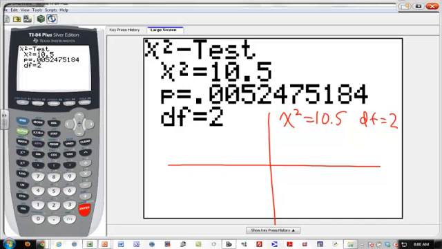And then you have to write down the probability statement correctly. The probability that chi-square is greater than 10.5 is equal to 0.005. Does that chi-square value, does that p-value alone prove that desaspermine is a better treatment than lithium?